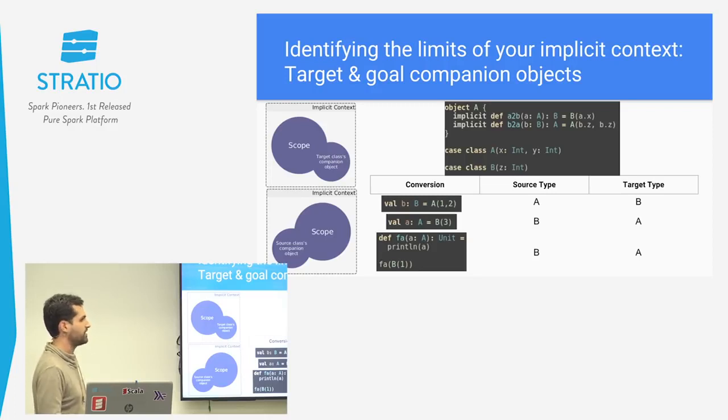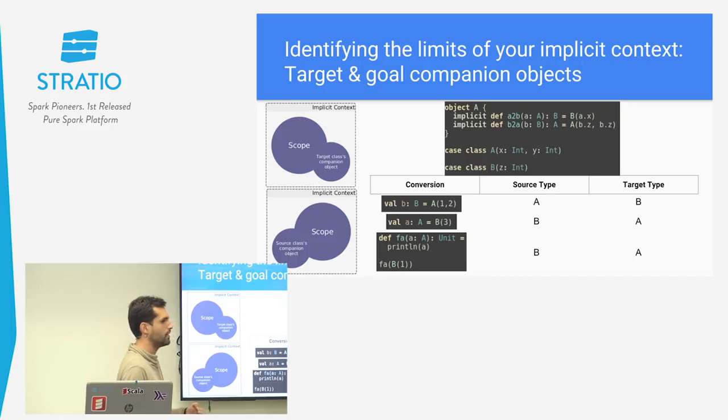There is no magic, okay? You have a piece of code where you find an implicit conversion, and there is no way of getting implicit values from strange sites. You have just a list of four sites for looking for them.